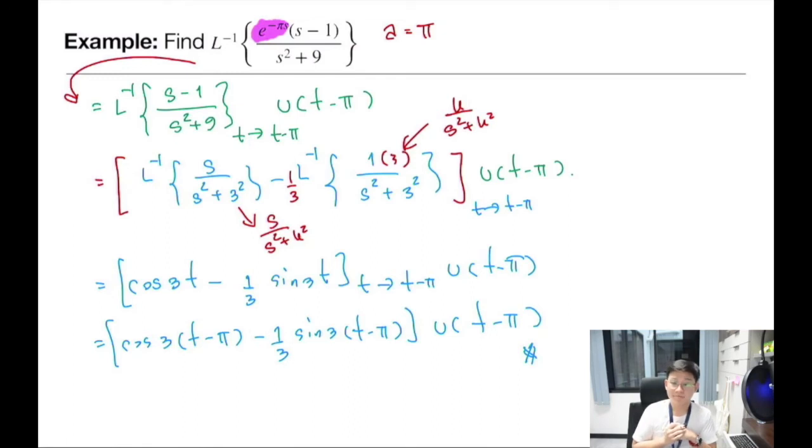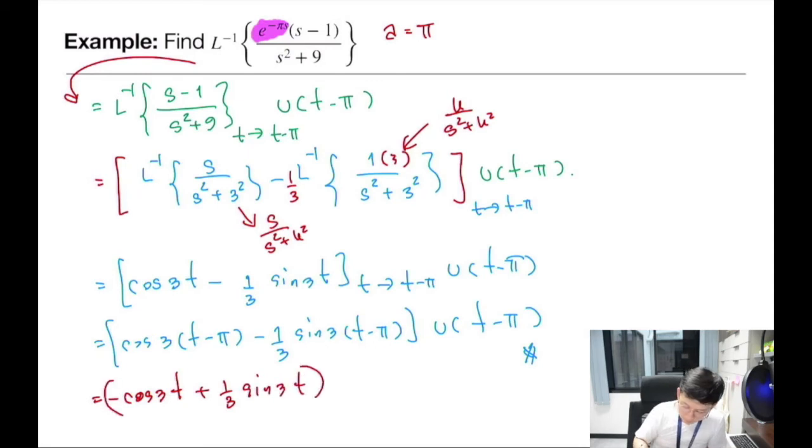Okay. If you want, you can do it a little further, right? Because you know that cos of 3t minus pi is actually minus cos 3t. If you want, it's going to be minus cos 3t plus 1/3 of sine 3t, and u of t minus pi.